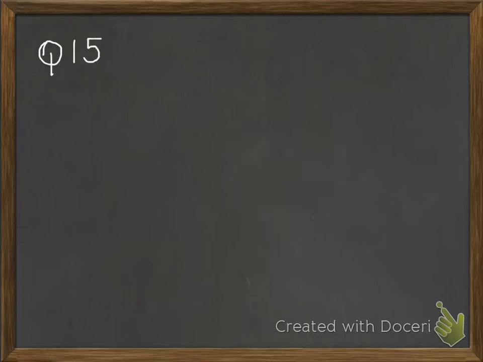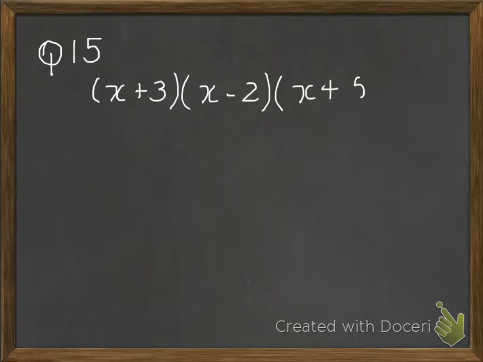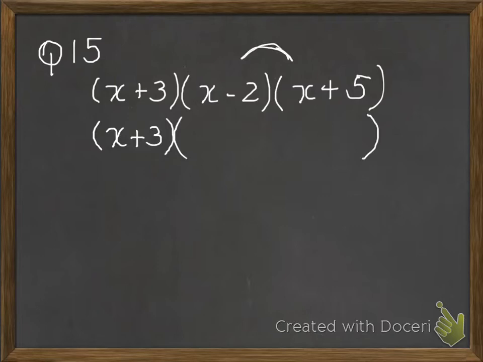Not a whole lot of people missed this one, but I was surprised because this takes some doing, and I wanted to show you maybe a practical way of doing this problem. And that is to leave this first bracket the same and then put a larger bracket here where you're going to put the result of multiplying these two.